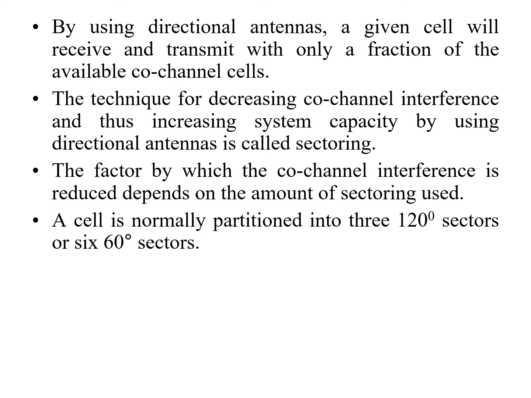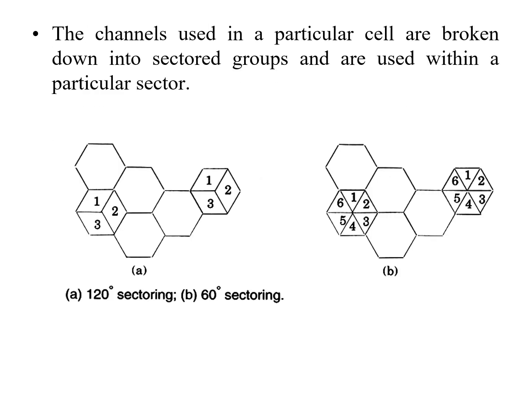The factor by which the co-channel interference is reduced depends on the amount of sectoring used. A cell is normally partitioned into 3 120-degree sectors or 6 60-degree sectors. Channels used in a particular cell are broken down into sectored groups and are used within a particular cell. 120-degree sectoring and 60-degree sectoring are shown in the figure.